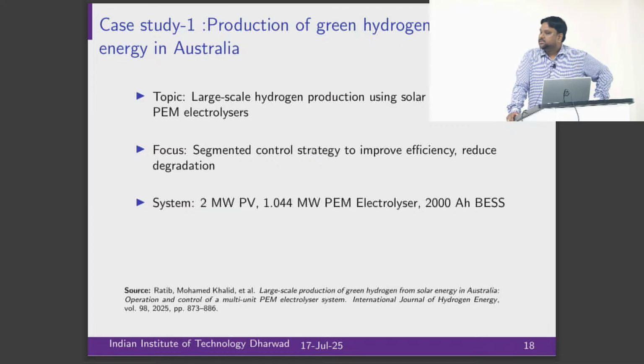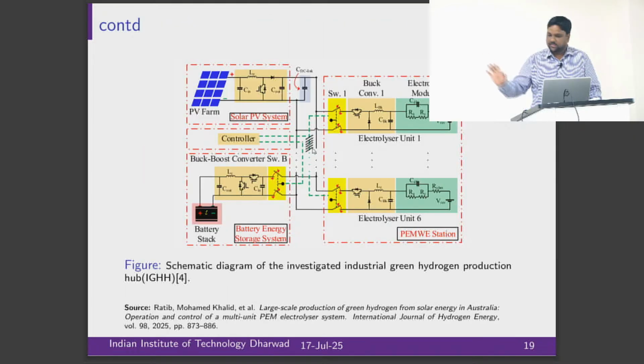Now the question is, this case study states how to coordinately operate these 6 electrolyzers. Let's say one power demand comes, how not to overload any of the electrolyzers beyond their capacity. So coordinately operating these 6 parallel connected electrolyzers, this is about that case study. So the structure looks like this.